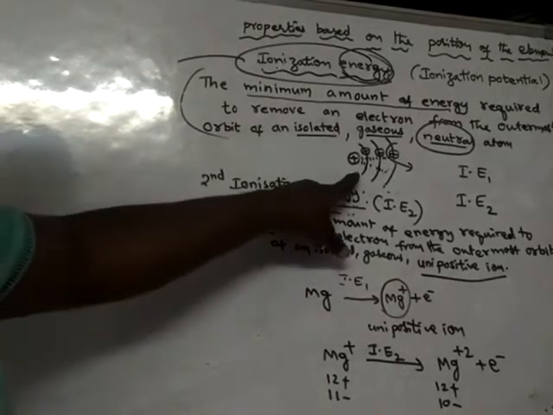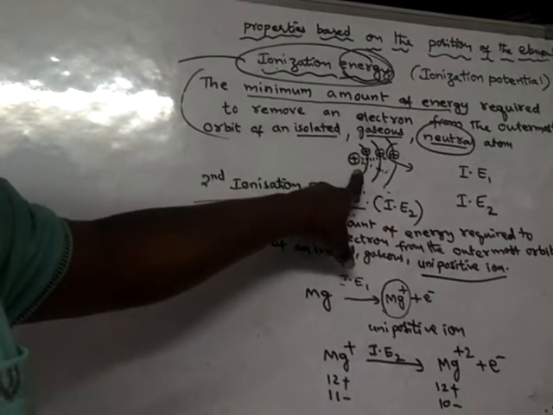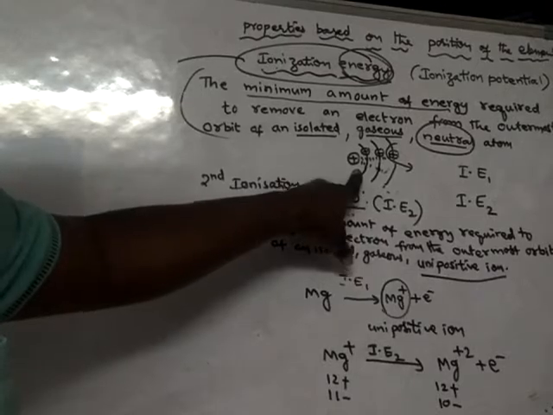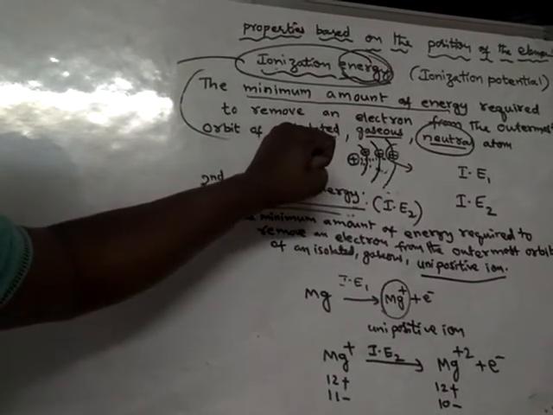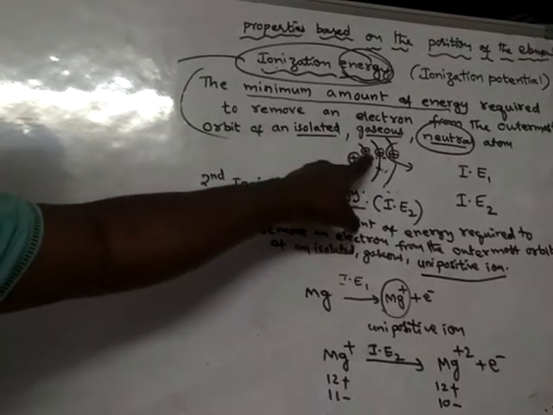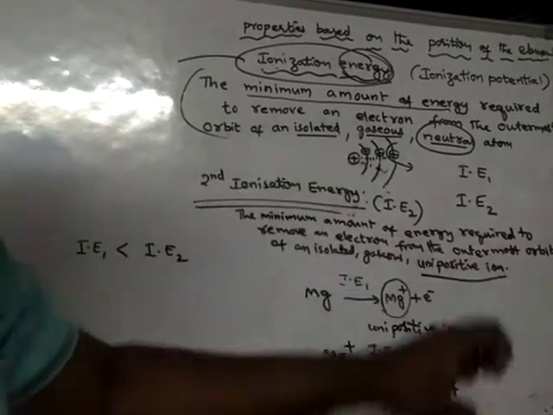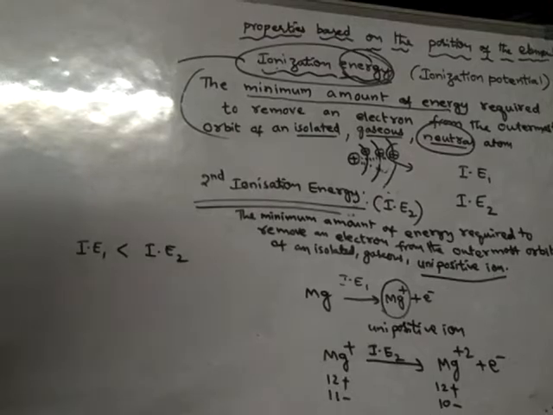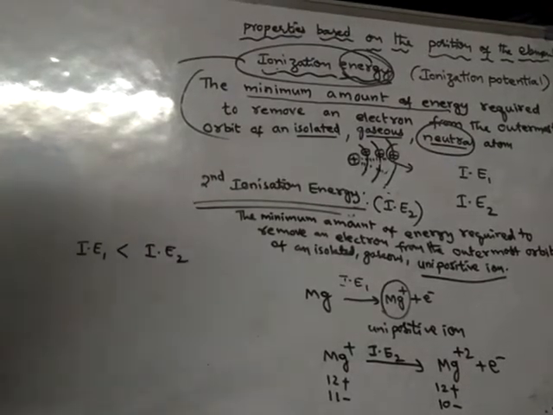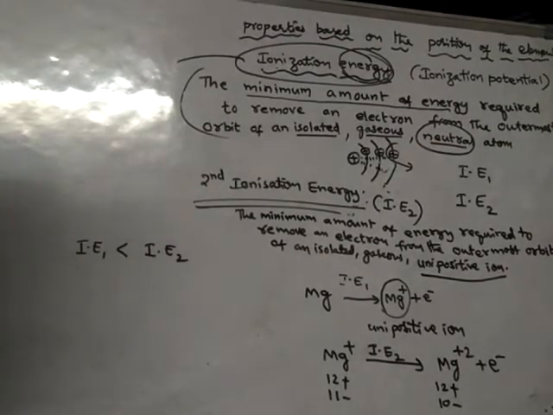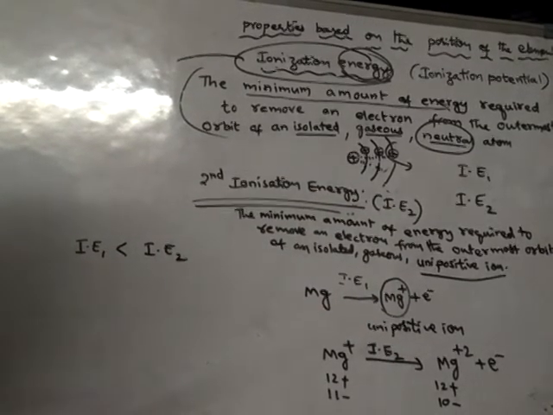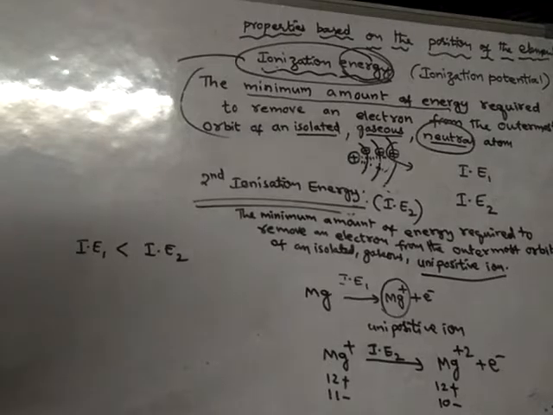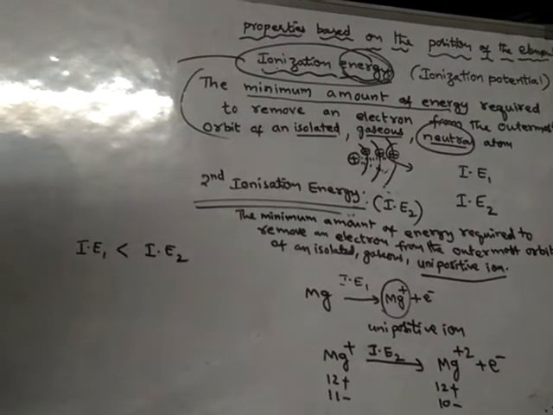Hence the nucleus holds all the electrons tightly towards the center. That is why to remove the second electron I have to spend more energy, and that energy is said to be second ionization energy.